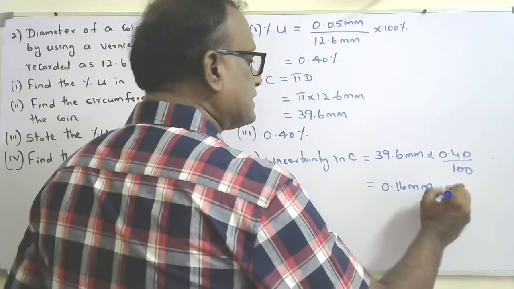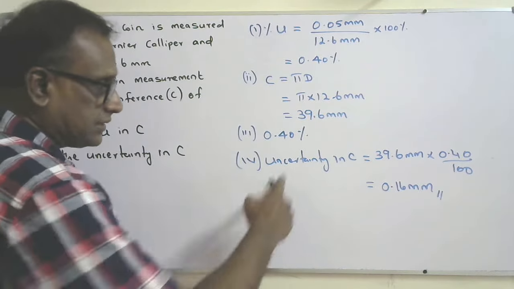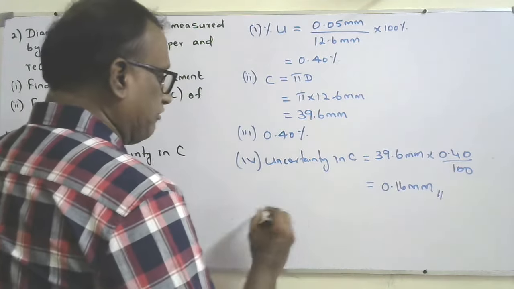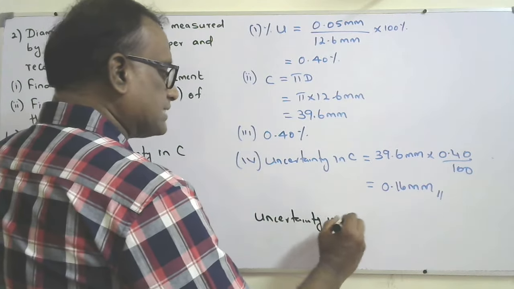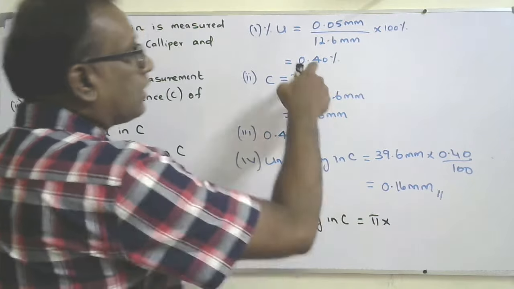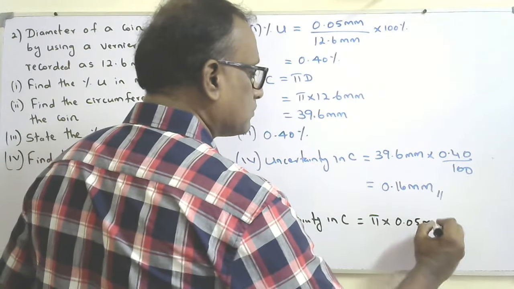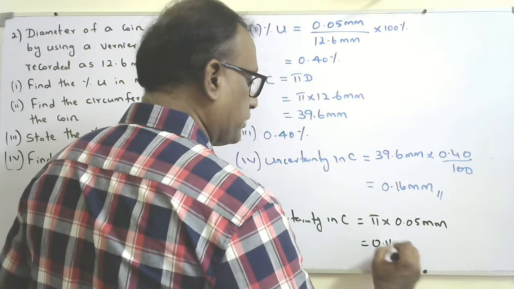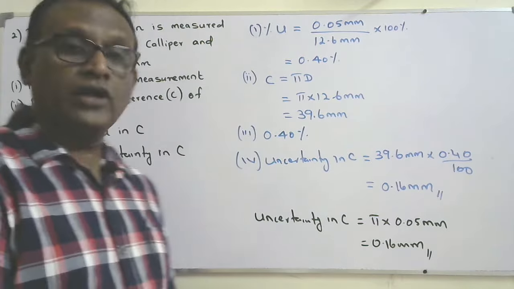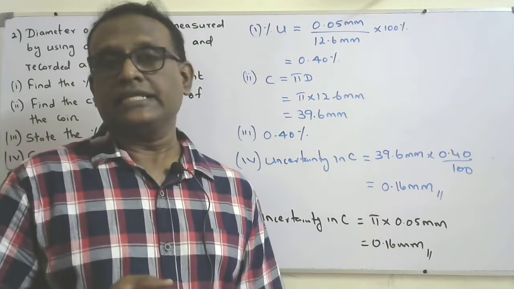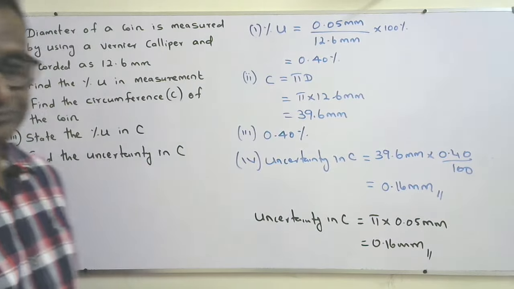So that's the uncertainty in C. But if you multiply this way, pi into uncertainty 0.05, you will get the same answer, 0.16 millimeter. So remember that whenever a measurement is multiplied or divided by a number, uncertainty also will be multiplied or divided by the same number. Remember that.